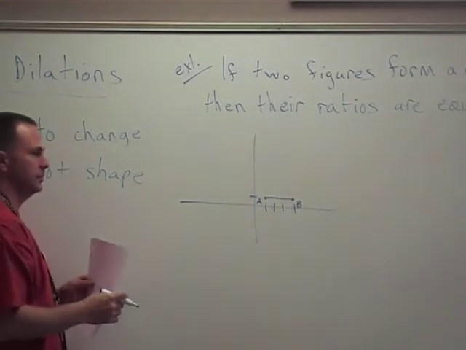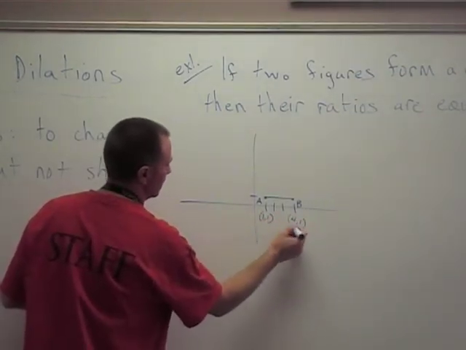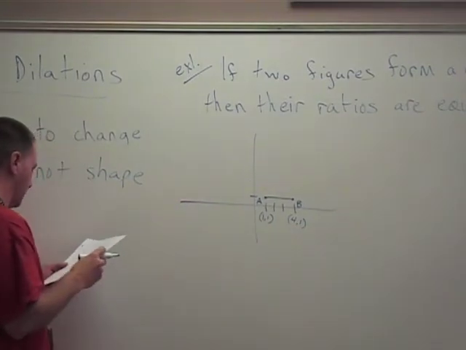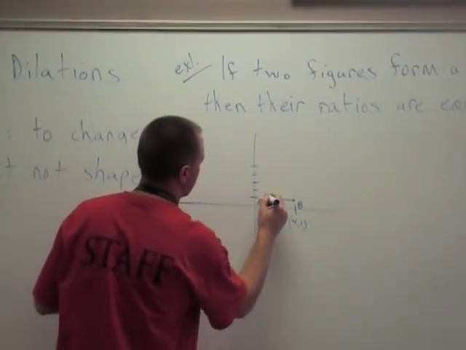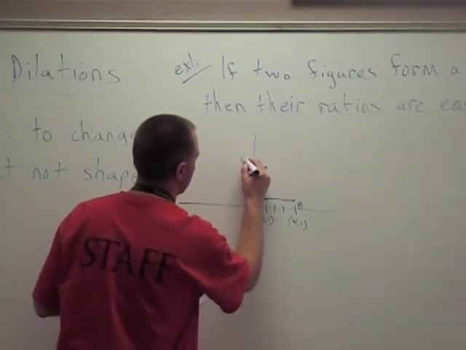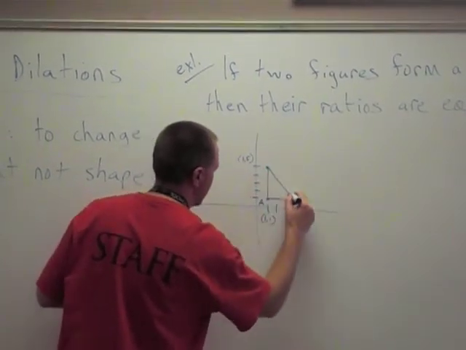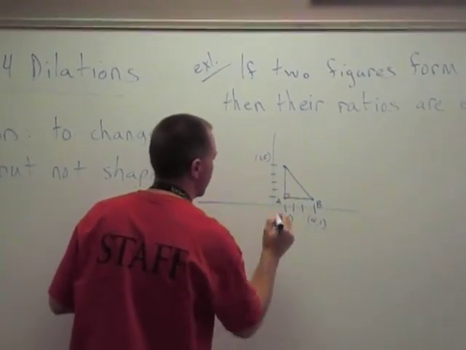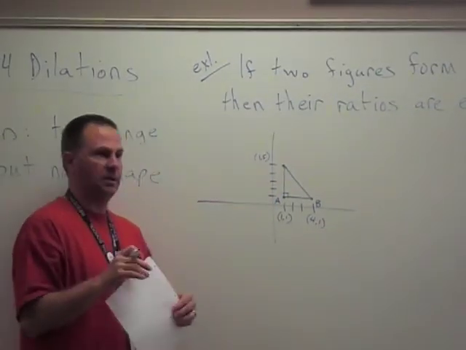This is 1, 1. This is 4, 1. And the top of our triangle is going to be at 1, 5. That would be C. That forms the right triangle. Now, I want to dilate this shape into something bigger.